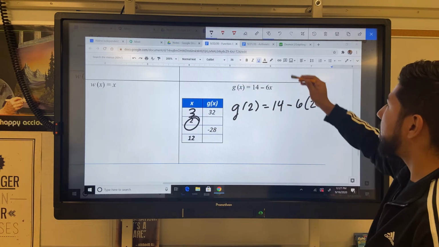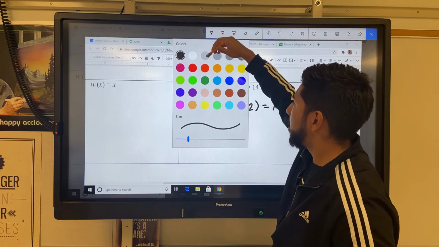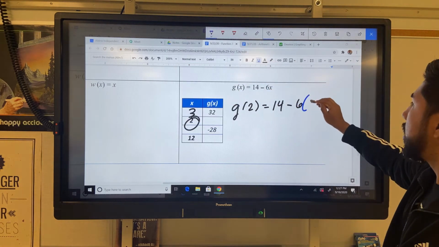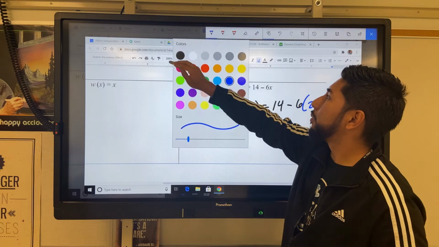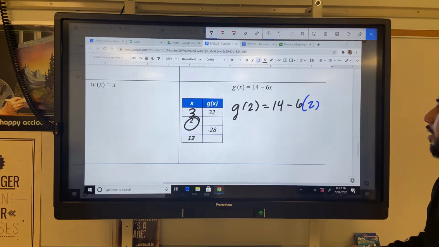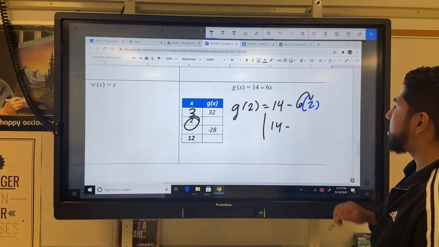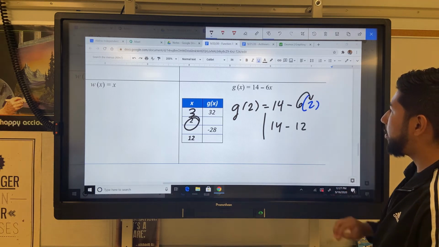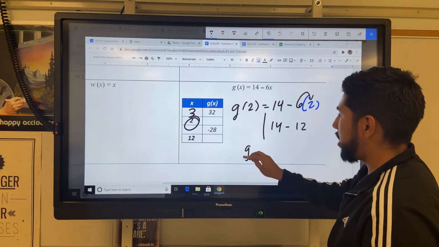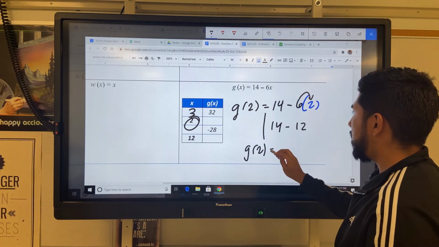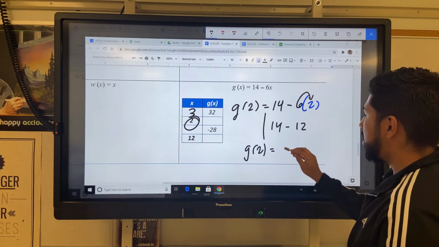The 2. You're going to solve 14 minus 6 times 2, that's 12. So g of 2 is 2.